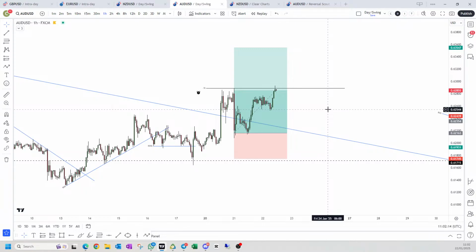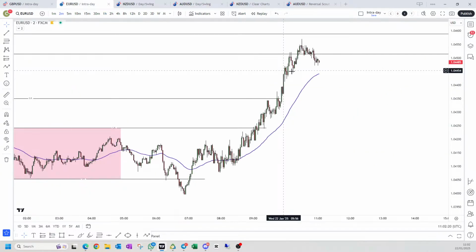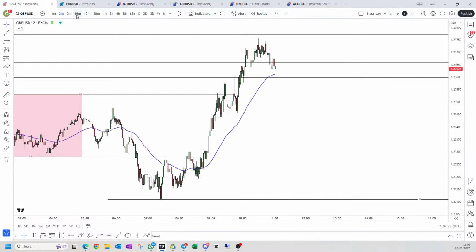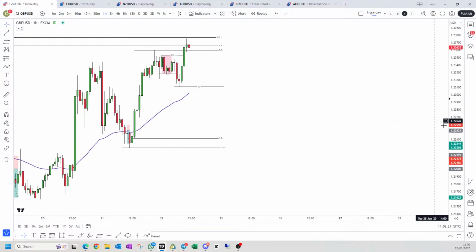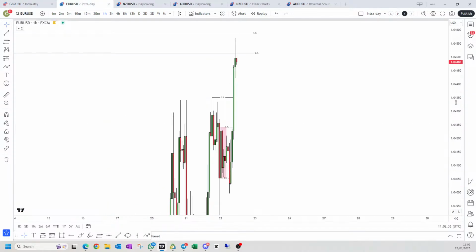Any intraday setups today? Doesn't look like it, to be honest. We've got like an hour and a half left of the trading window, and all that we've seen from London is a bullish pound, a bullish euro, and it hasn't really given us enough to enter. It's just two very bullish candles on the 1 hour that have left behind fair value gaps.